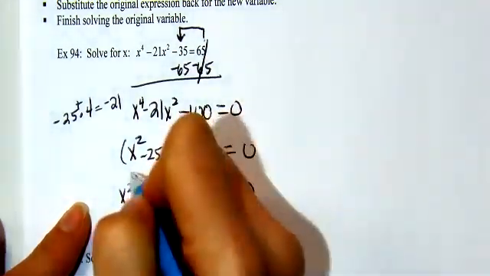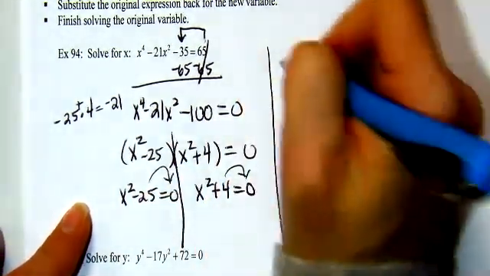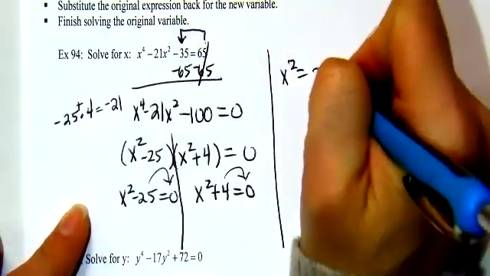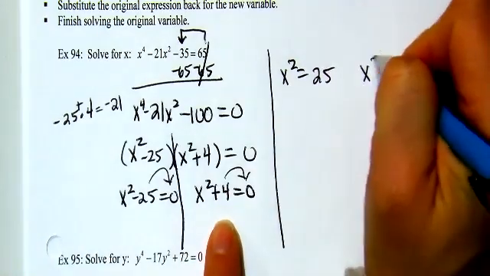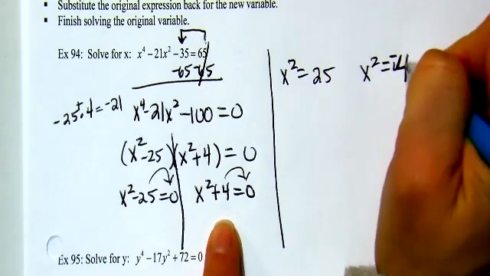Then we want to isolate our x squared term because we're trying to solve for x. So you would get x squared equals, if I move 25 over, a positive 25 on the other side. And if I move 4 over, x squared equals a negative 4 on that other side.